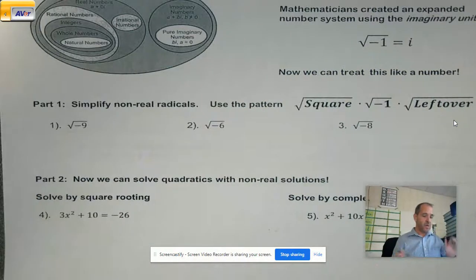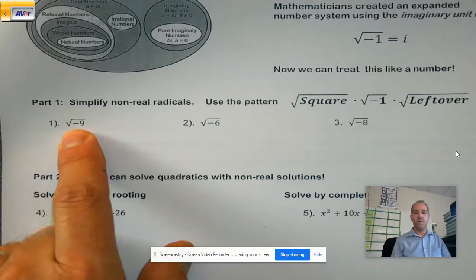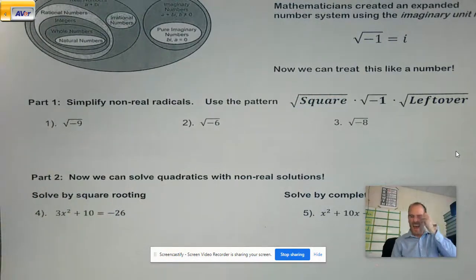Okay, so here's how this is going to work. We are going to do something, especially since this is right around Halloween time. This is perfect for this lesson. So the square root of -1 times the leftover. We're going to pull the negative out. I like to say we're pulling an i out. Ugh, I couldn't find my little eyeball.